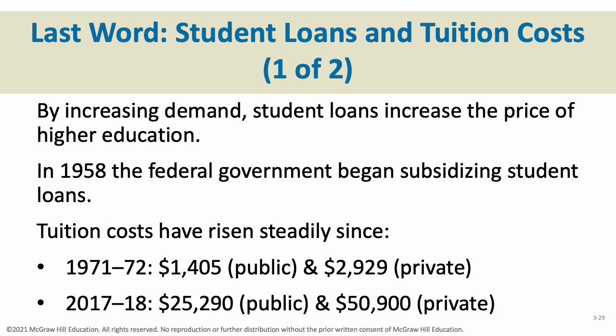In 1958, the federal government began subsidizing student loans, and we've watched college tuition costs rise steadily, far beyond the cost of inflation. 1971 to 72: 1,405 public, 2,929 private. 2017 to 2018: just over 25,000 for public schools and about 51,000 for private schools, and it's now significantly higher than that.